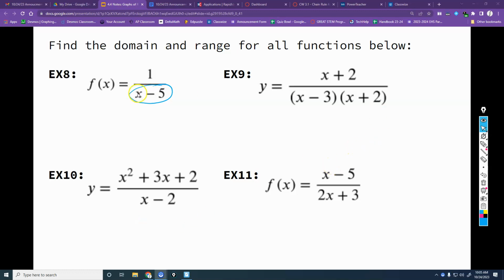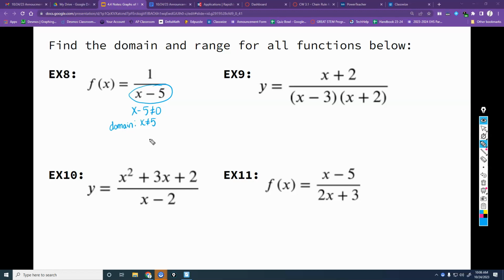Okay. All right, so x minus 5 here cannot equal 0. So x minus 5 cannot equal 0. So x cannot equal 5. That is your domain. Now, it could be written two ways. It may just be written as x cannot equal 5.